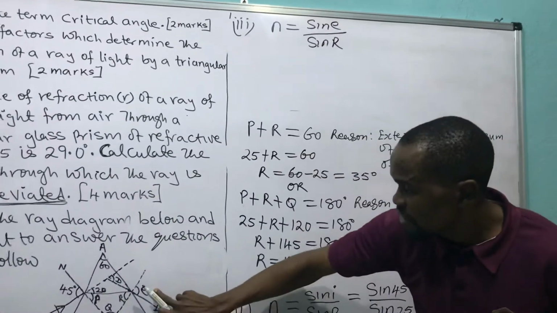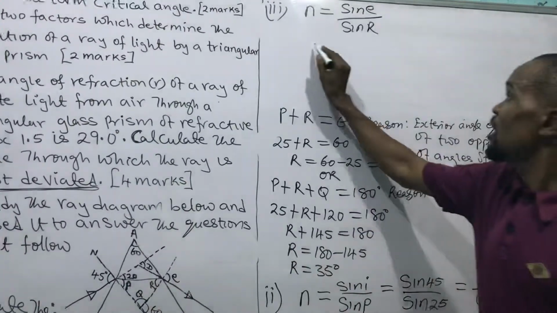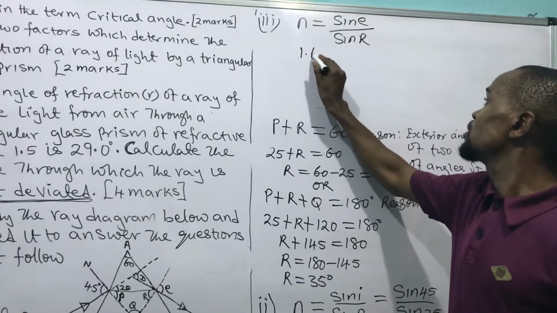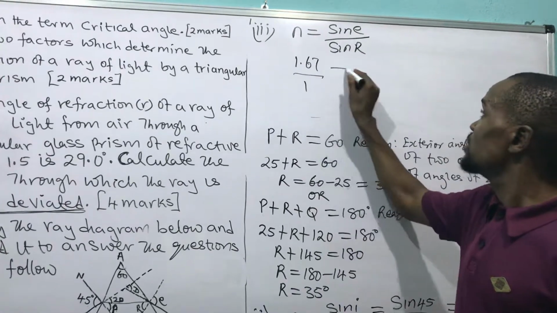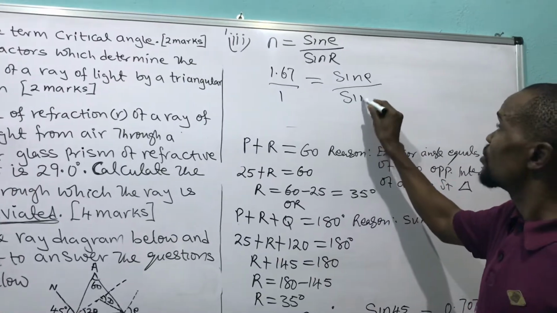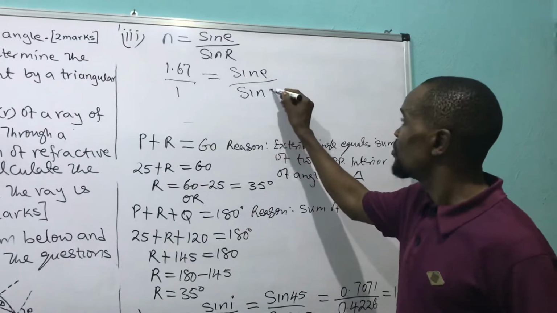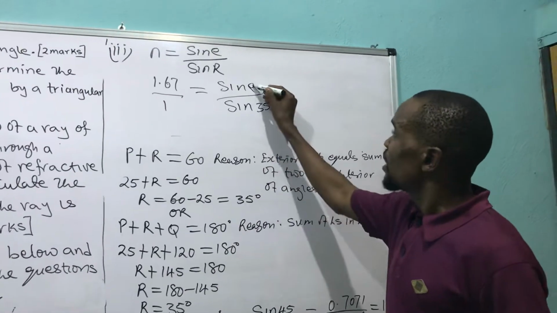Sine of E, incident over refraction. I will say this is 1.67 over 1 is equals to sine of E over sine of R. What is my R? I have gotten my R to be 35. Do you get what I'm saying now?